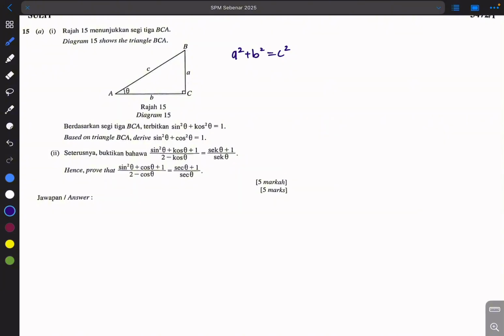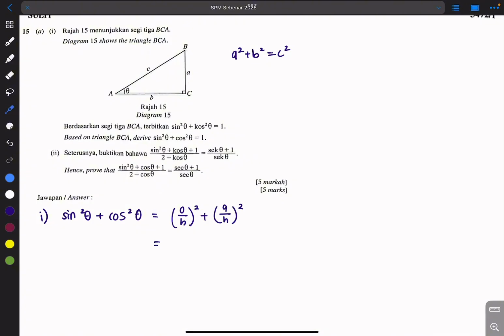Right, so let's derive sine squared plus cos squared theta. Sine would be O over h. So sine squared would be O over h squared. Cos will be A over h squared.